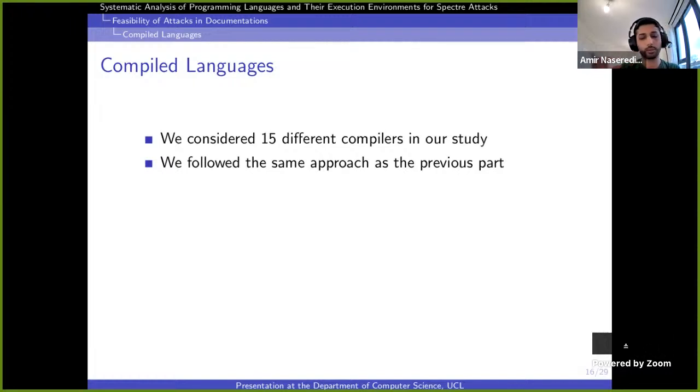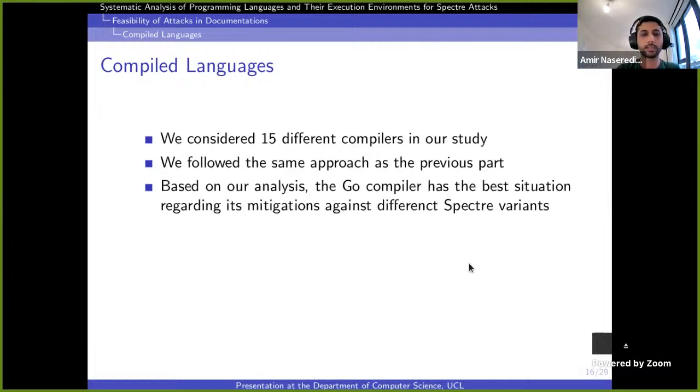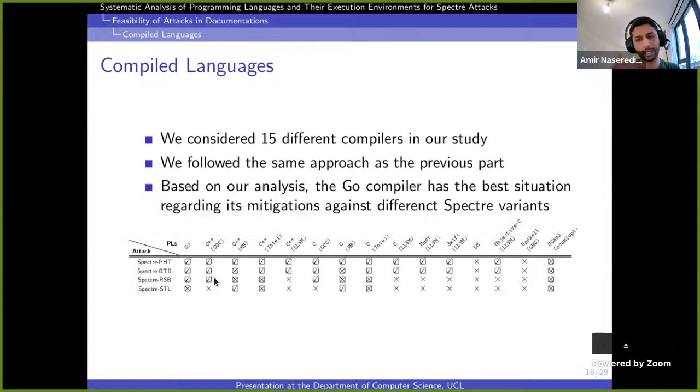We took a look at publicly available documentations, and we also contacted the developers, and we gathered information that way. Based on the analysis, the Go compiler had the best situation regarding the information and the mitigations among the cases that we were able to analyze.